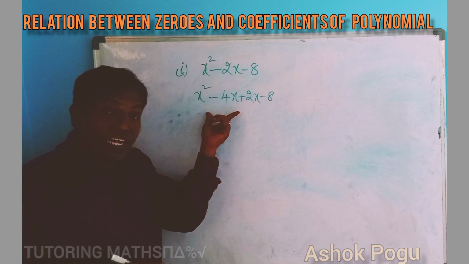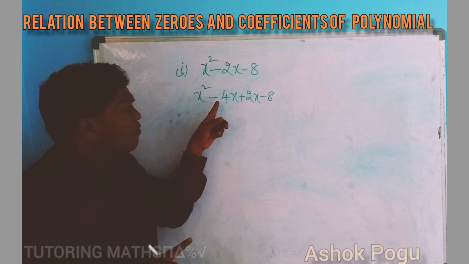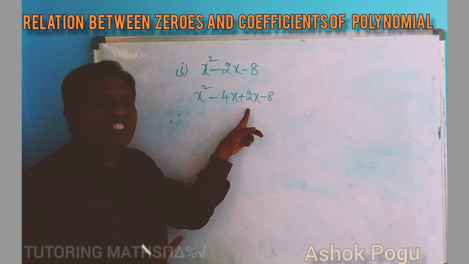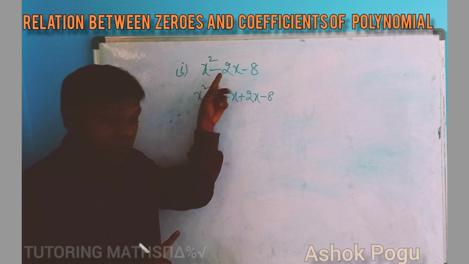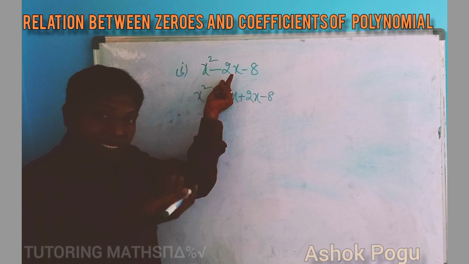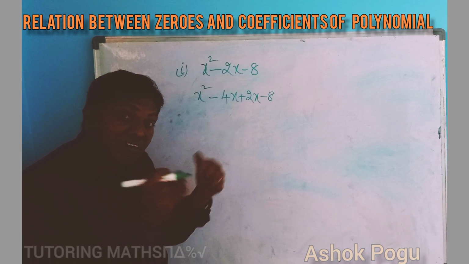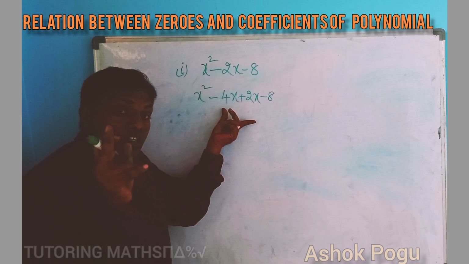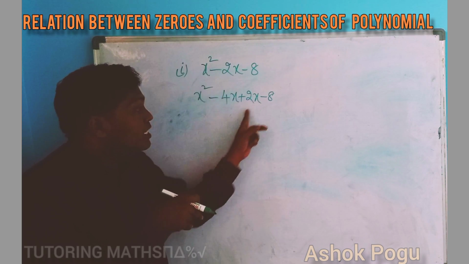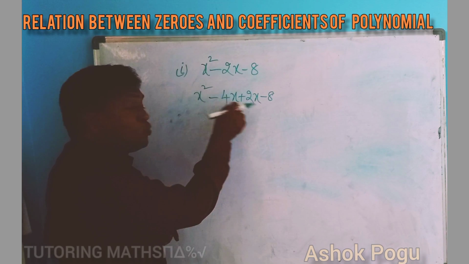Minus 4 plus 2 is minus 2, so the sum gives the same middle term. At the same time, the product of these two numbers should be equal to minus 8. Find the product of these two middle terms.